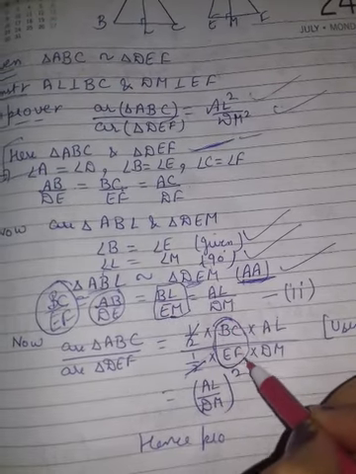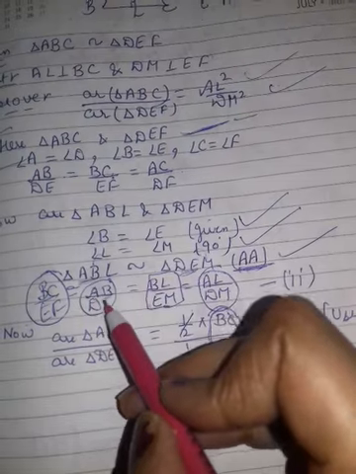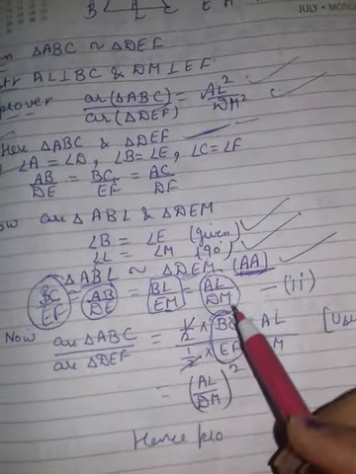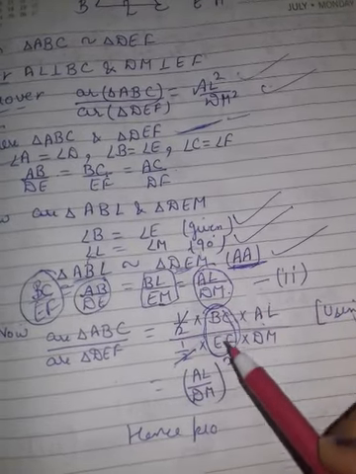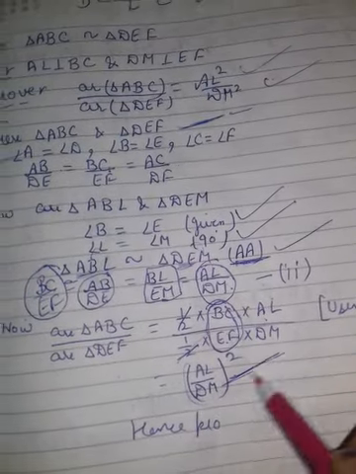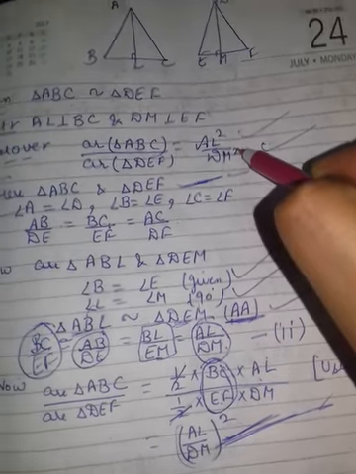You can replace this thing with this because all are equal. With the help of this it came here, so this can be replaced by this. One is already there, the second we have taken from here, so it will become your square. This is the altitude result that you had to prove.